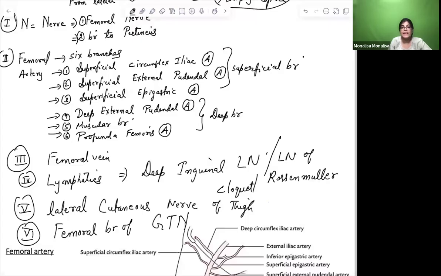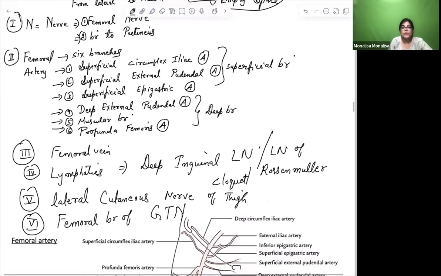What is the full form of GTN? Genitofemoral nerve. All these are the contents of the femoral triangle. Done, my dear students?